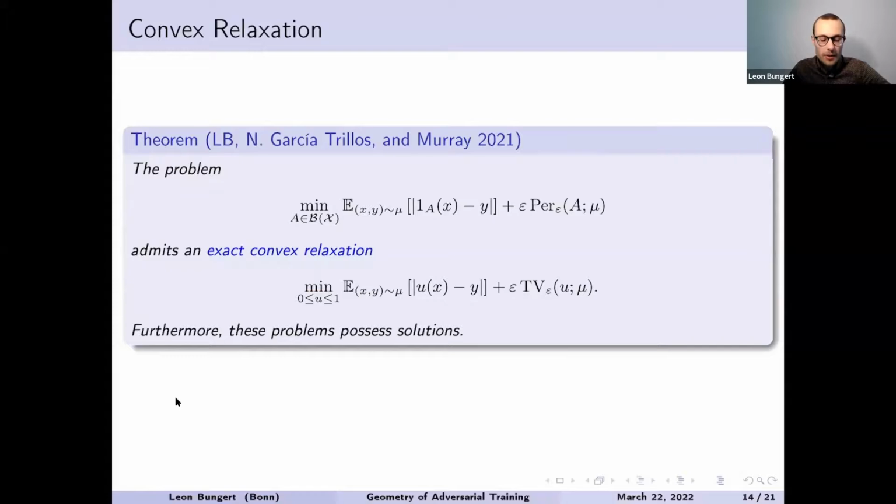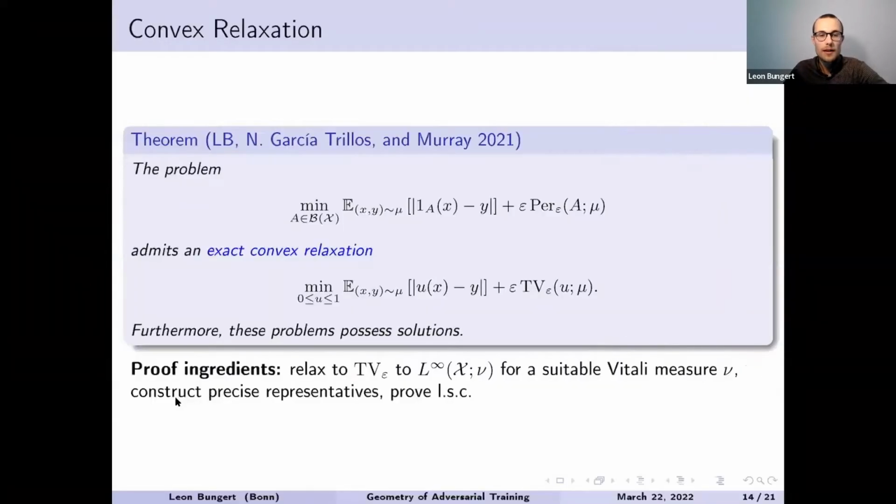And with exact convex relaxation, I mean that whenever you take a solution of this problem, a set A, then you can look at the characteristic function of A, and this solves the second problem. And whenever you take a solution of the second problem, you can take a super level set solution, and this will give you a solution of the first problem. So you can really go between these two problems. And most importantly, you can prove existence of solutions using the standard method.